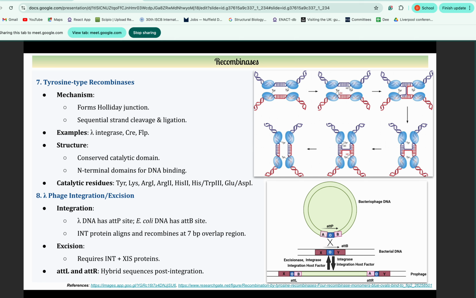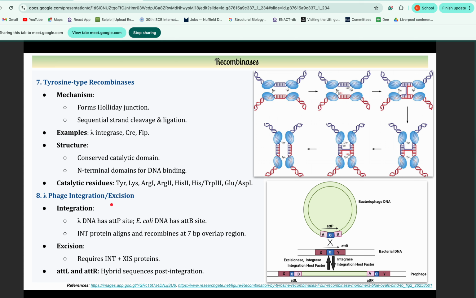Tyrosine is a small amino acid, but this enzyme is made up of multiple amino acids. Tyrosine is the amino acid present in its catalytic site, which is the main amino acid involved. There are some other residues also present in its catalytic site, such as lysine, arginine 1, arginine 2, histidine 2, histidine, tryptophan 3, glutamate, aspartate 1.